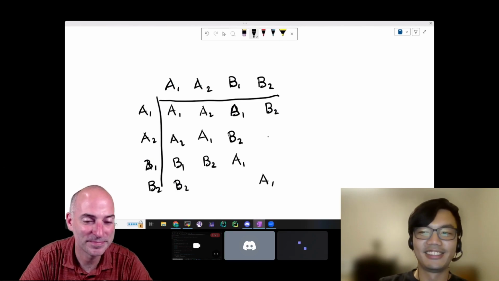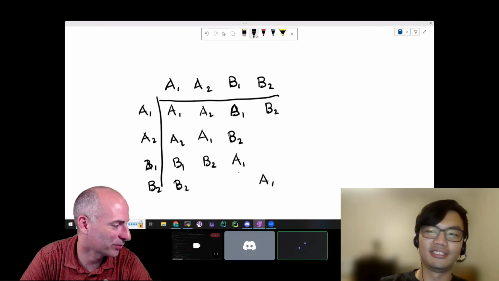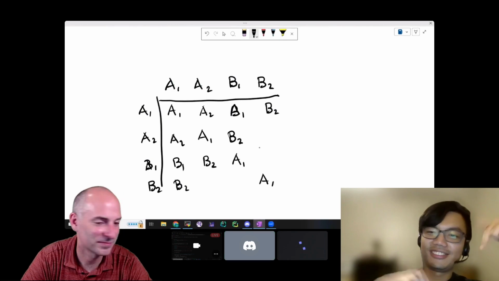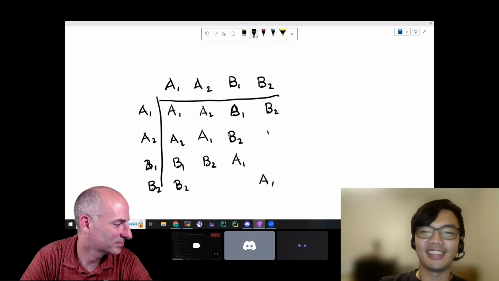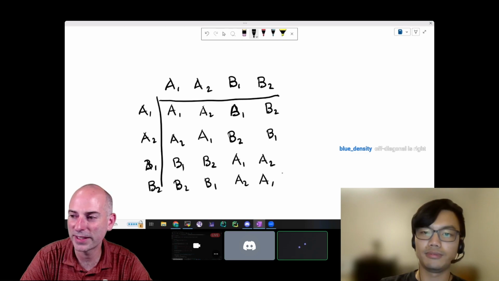I don't know the name for that. Marcus, what's the thing that's orthogonal to the diagonal? Anyway, B1 times B2 is A2. I don't think I've ever noticed that that's B2.